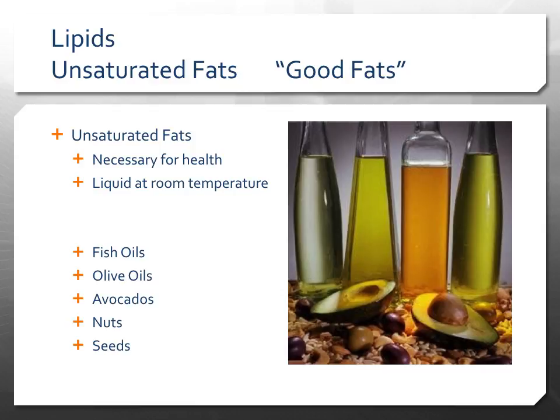So fat is a necessary part of our diet because our body does need them. But these healthy fats or good fats, you can eat them and our body uses them in the right way and do not cause negative health issues. So for example, the oils found in fish, the oils found in olives, avocados, nuts, and seeds. These are our good fats that actually maintain good health in our body.